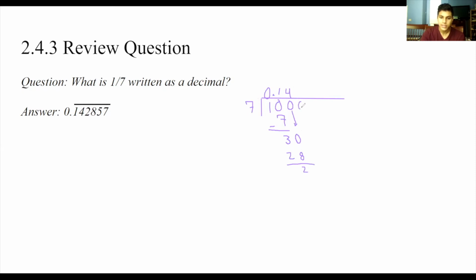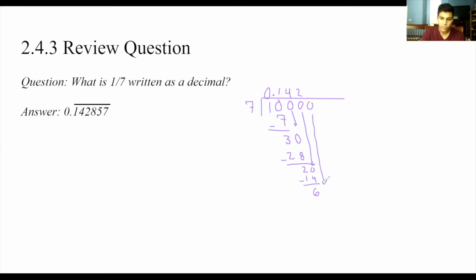All right, so add another 0 at the end so I can bring down another number. So I have 20 here. 7 goes into 20 2 times because 2 times 7 is 14. 3 times 7 is 21, which is why it's only 2 times. So if I subtract that, then that gives me 6.